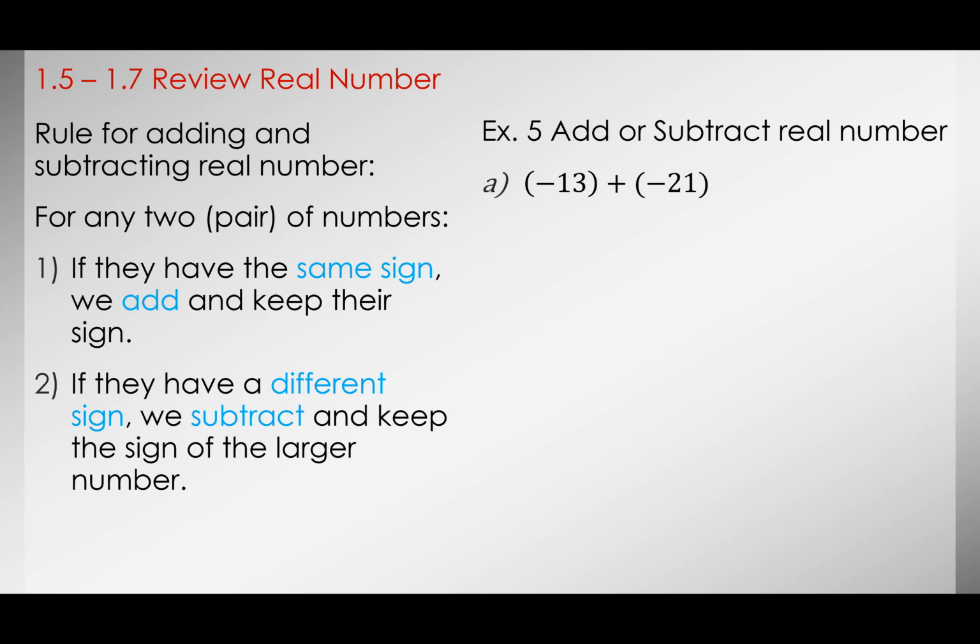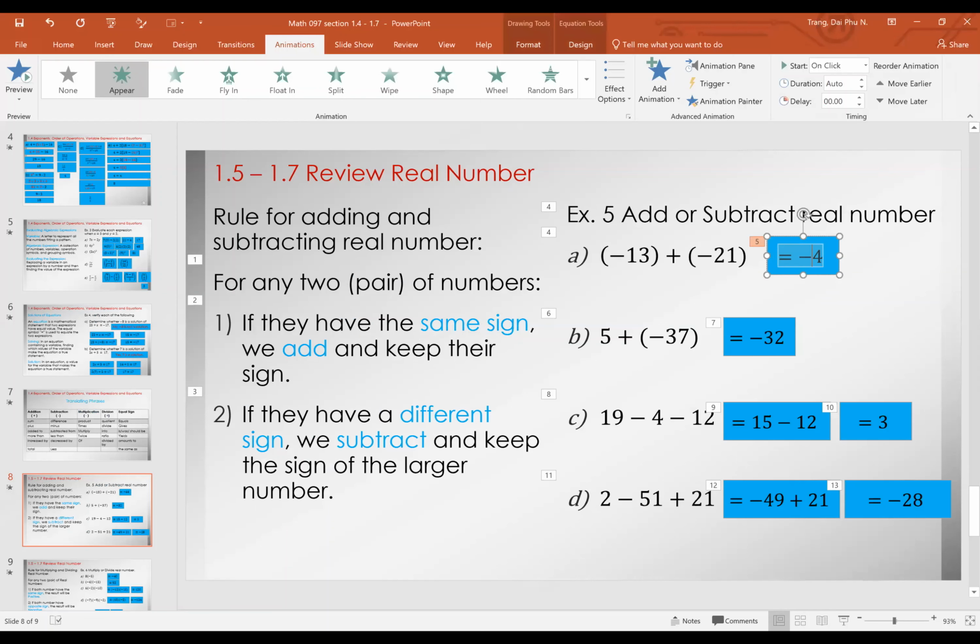They have the same sign, so all you need to do is add and keep the sign: 13 plus 21 gives you 34. My typo, sorry, it should be 34, not 44. Let me edit. 34.